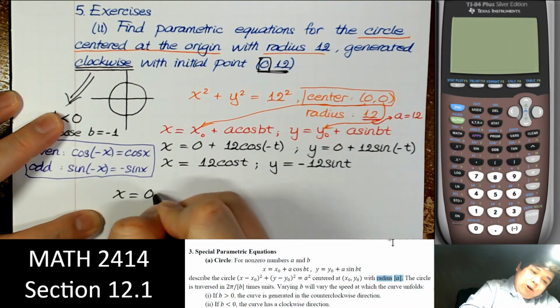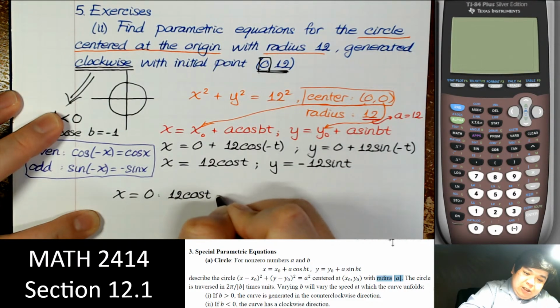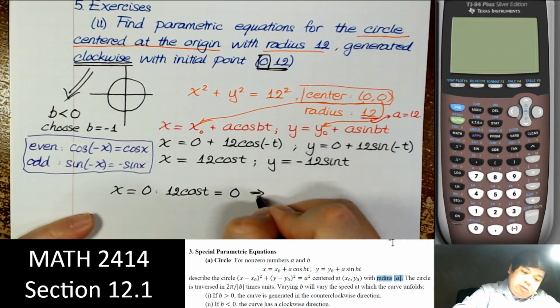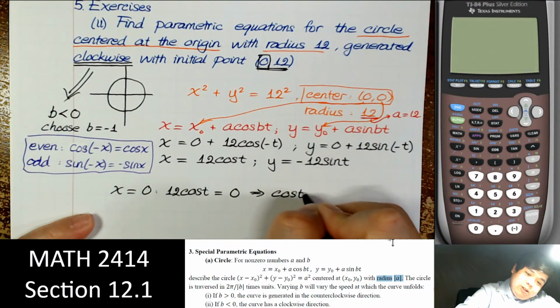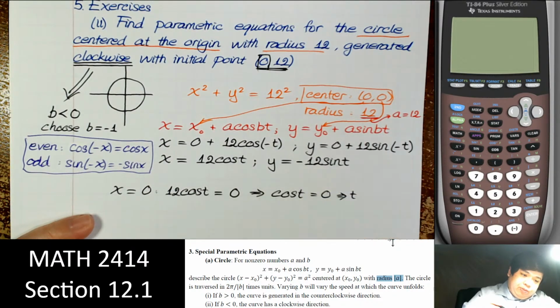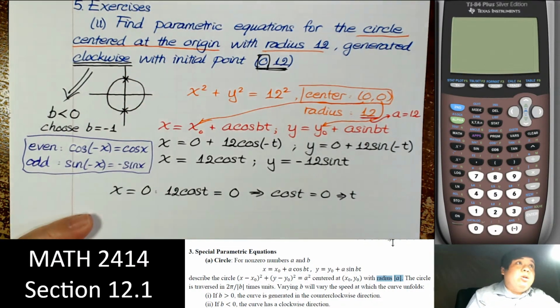X equal to 0, so x is 12 cosine t equal to 0. So we have cosine t equal to 0, so t would be this point or this point.